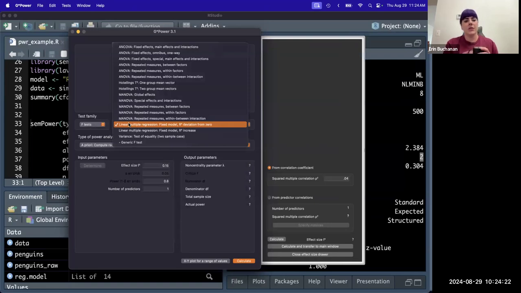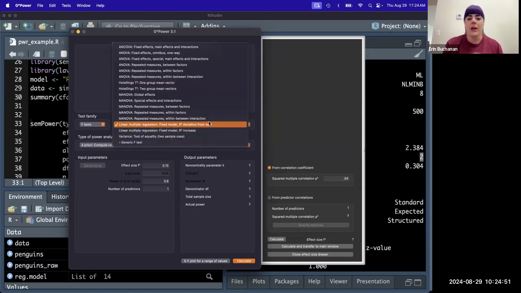There are a bunch of different options. I find the way that they describe the ANOVA effects a little confusing, but I'm going to show you some resources that will explain these in depth, because they have repeated measures within factors, repeated measures within, which says the same thing twice, right? So the nomenclature is a little weird.